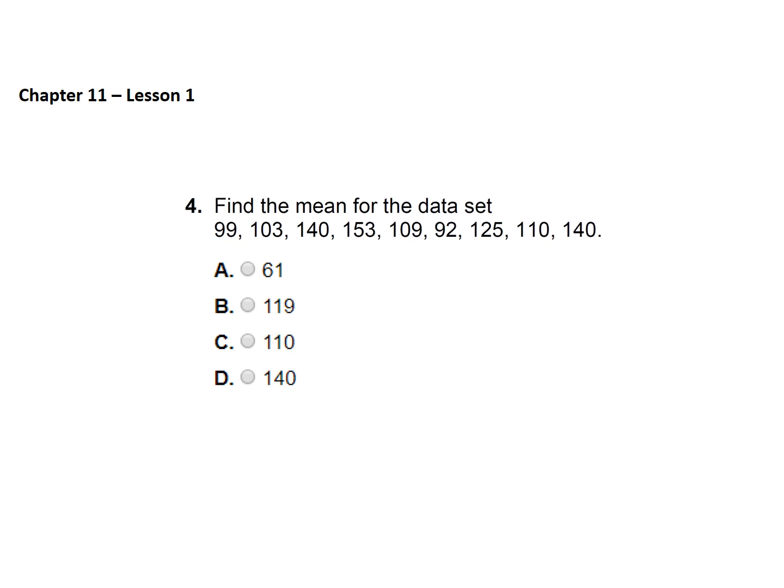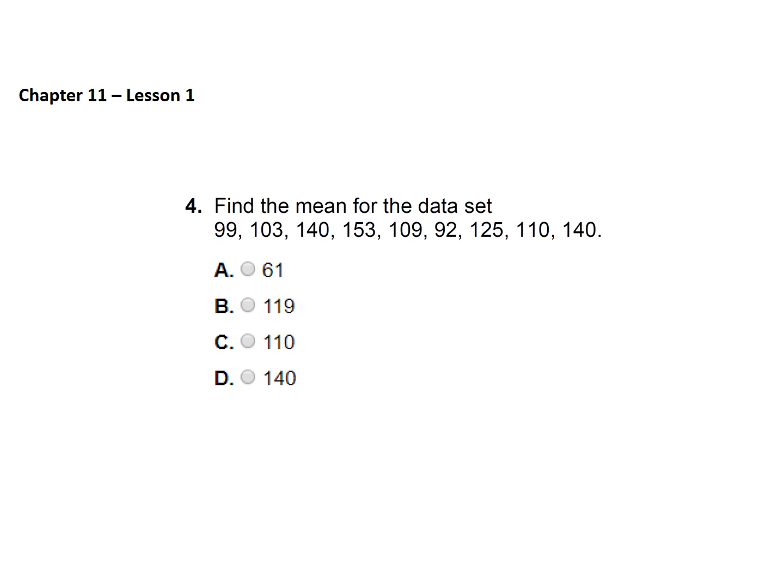Question number 4. Find the mean for the data set 99, 103, 140, 153, 109, 92, 125, 110, 140. First, we have to find the sum of our data values.